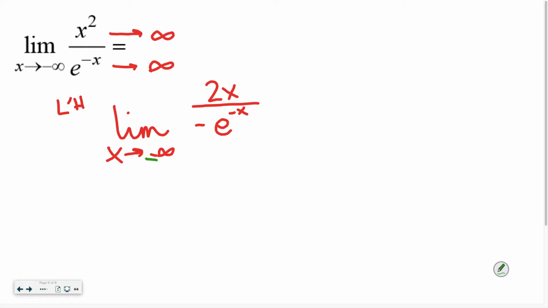The line 2x goes towards negative infinity, right? What about negative e to the negative x? It also goes, dang it! We have an indeterminate form, which means what can we do? We can do L'Hopital's rule a second time. As long as you have an indeterminate form, you can use L'Hopital's rule, so it is possible that you use it more than once.